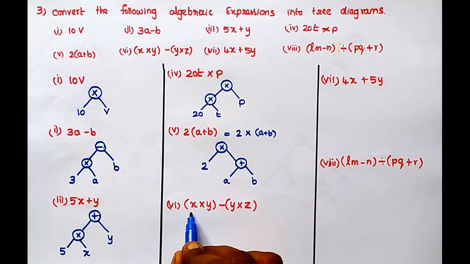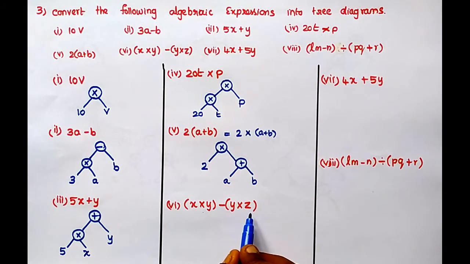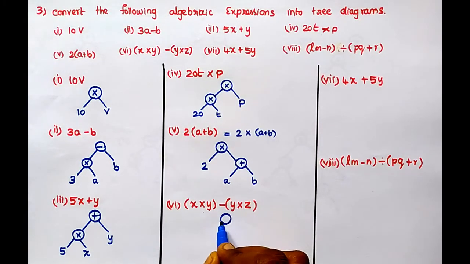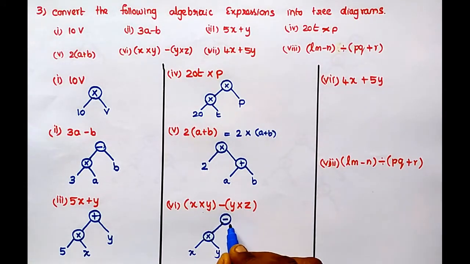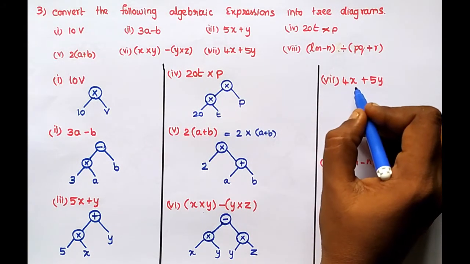Next one, x into y minus y into z. Listen, here minus, we have to subtract. Which one? x into y and y into z. x into y, so here into x and y, and here into which one and which one? y and z. Next one, 4x plus 5y.